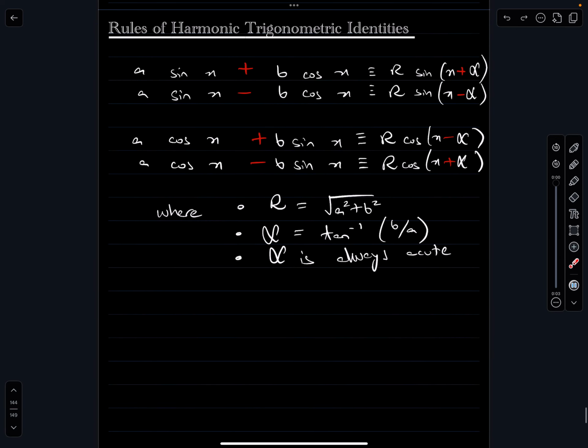Alright, so what is R and what is alpha? Alpha and R are constants calculated using these formulas.